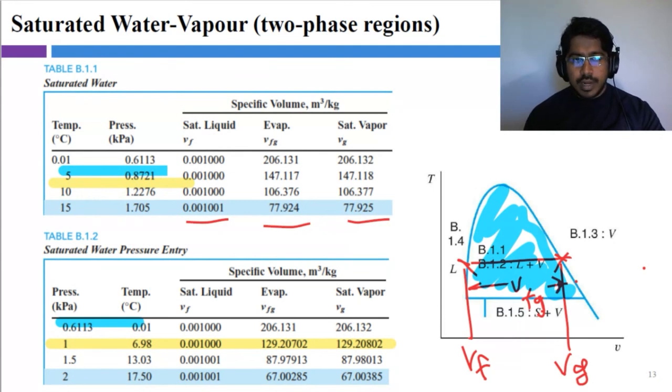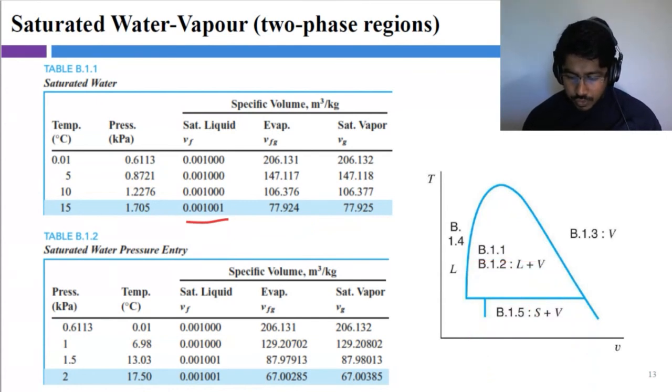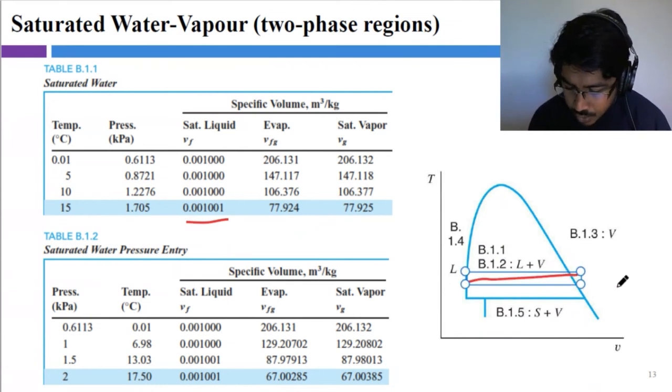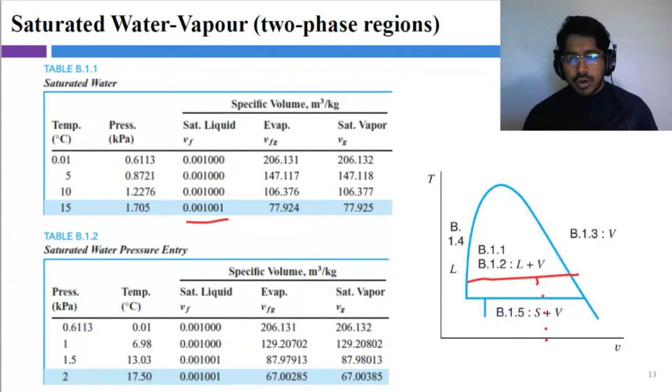Therefore, just knowing those two is not enough, because by knowing one of those, we can locate this line, but knowing this line is not enough to locate the point, right? We have to find specific volume or quality or some other independent parameter other than pressure and temperature. Are we clear there?